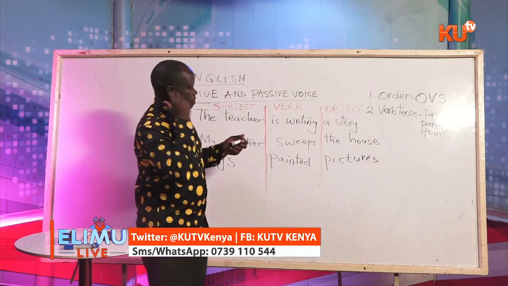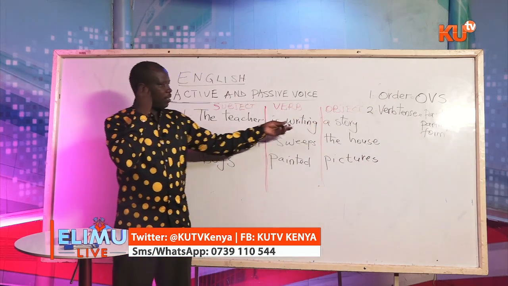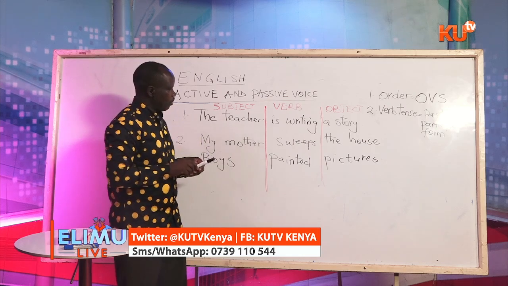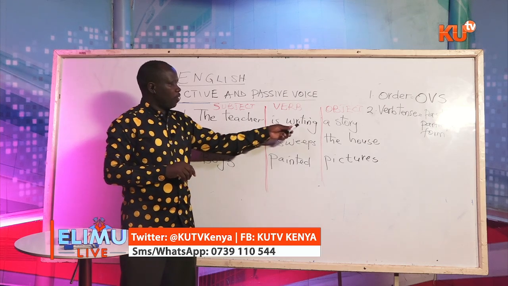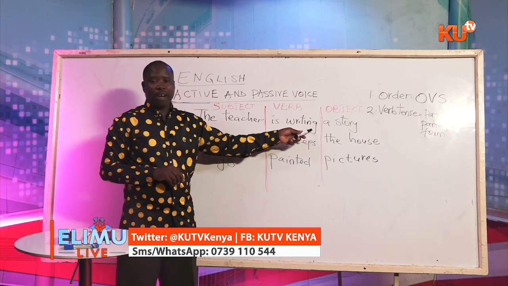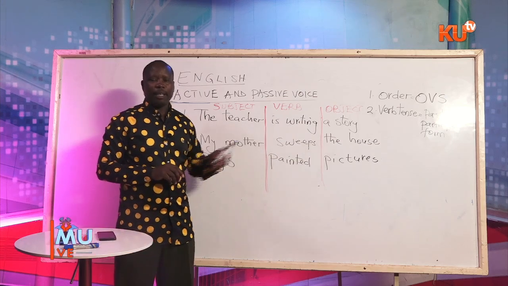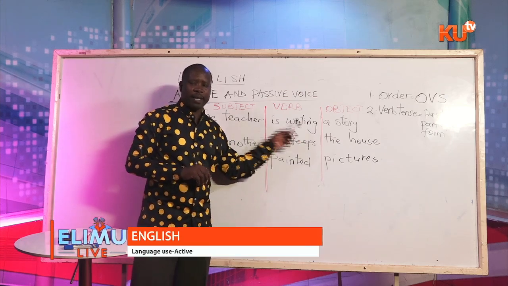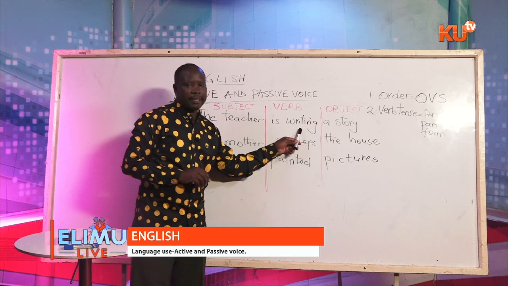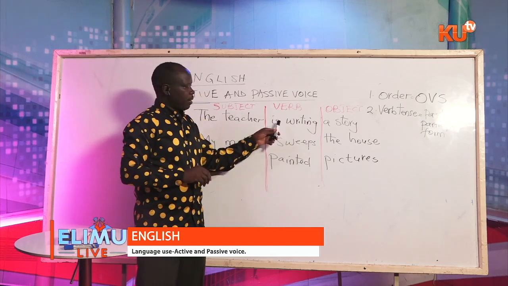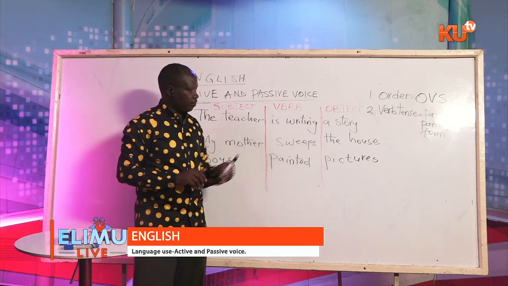The verb must be written in past participle. For example, the past participle form of the verb writing is written.